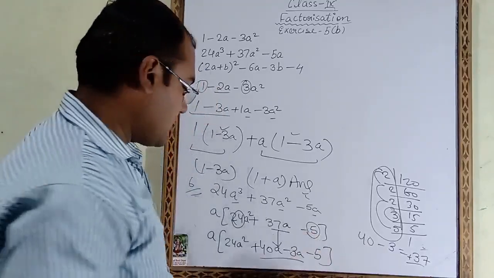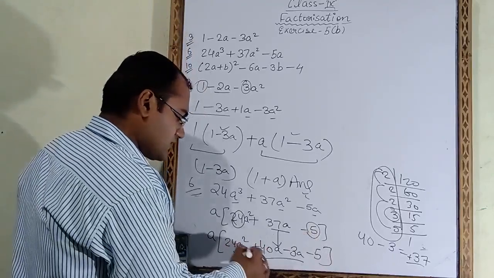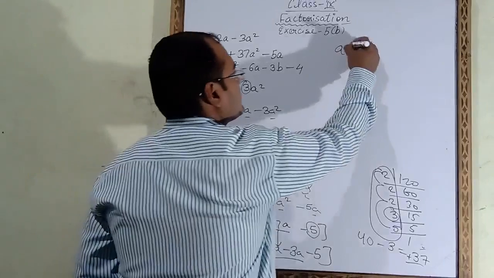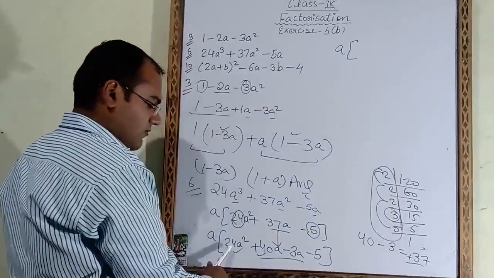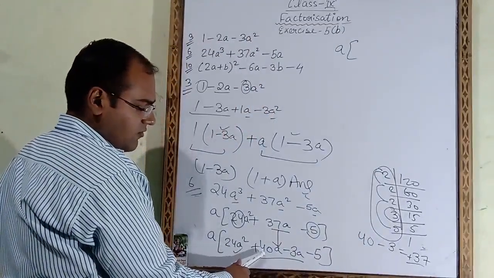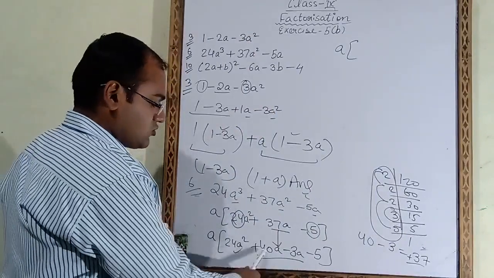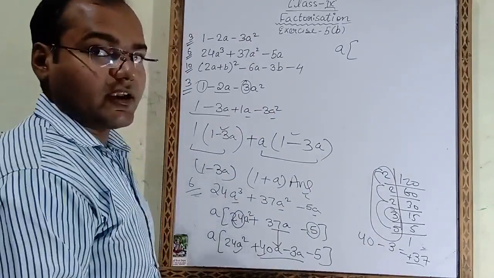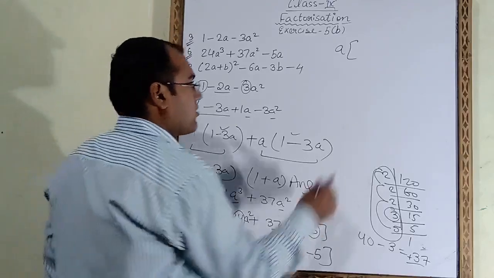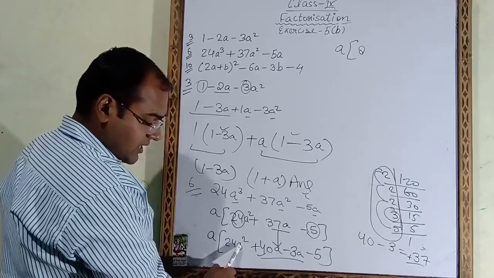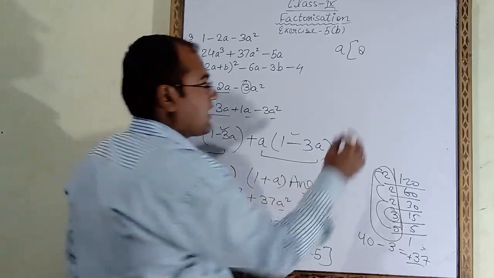Now what will be the next step? From the first and second term we will take common. From 24 and 40 we will take common. These two are coming in the table of 8. So we will take 8 common, and alphabets are a square and a, we can take a common also.